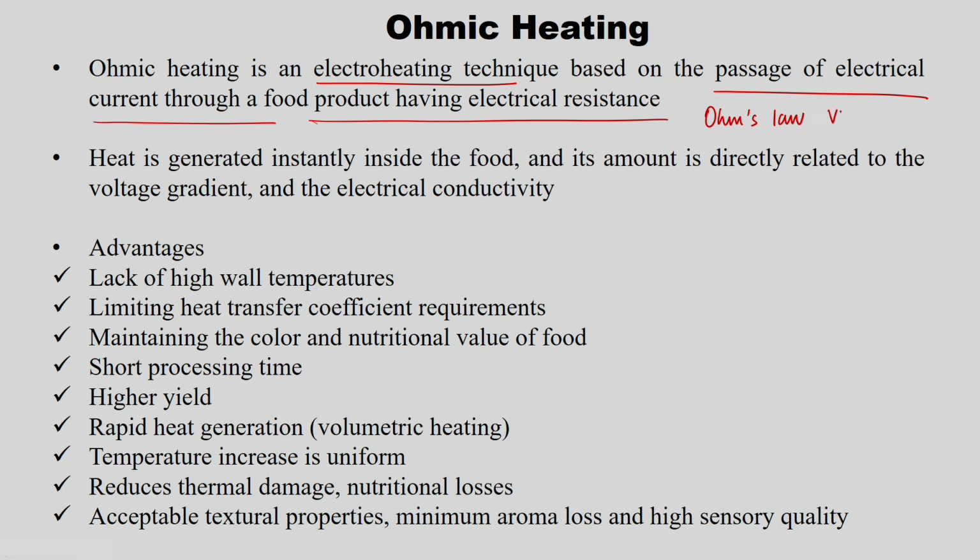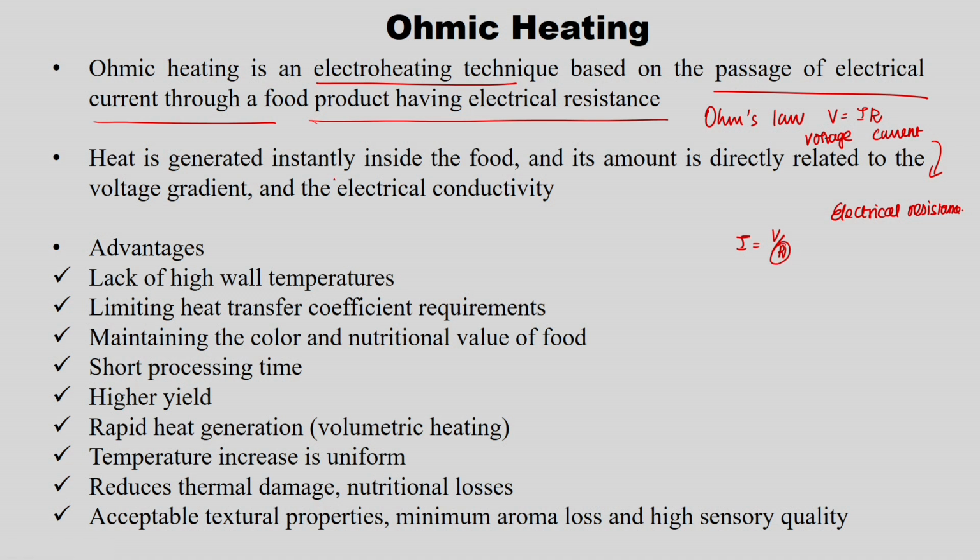You may be familiar with it: V equals I R. V is the voltage in volts, I is the current in amperes, and R is the electrical resistance. So the current flowing through the liquid food is V upon R, the voltage applied across the electrodes over the electrical resistance of the food material.